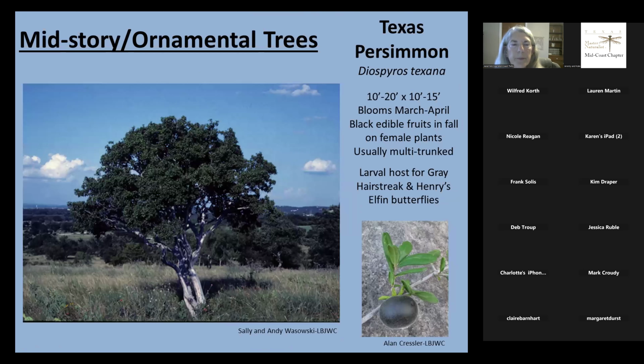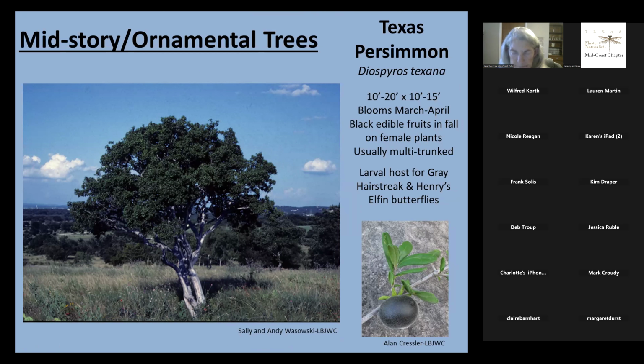Okay, and then your mid-story or ornamental trees. So this is your persimmon. I like the persimmon. It is a very good replacement for a crepe myrtle tree because it has similar type bark. It has bark that sheds off, and it leaves this real pretty grayish white underbark and trunk.